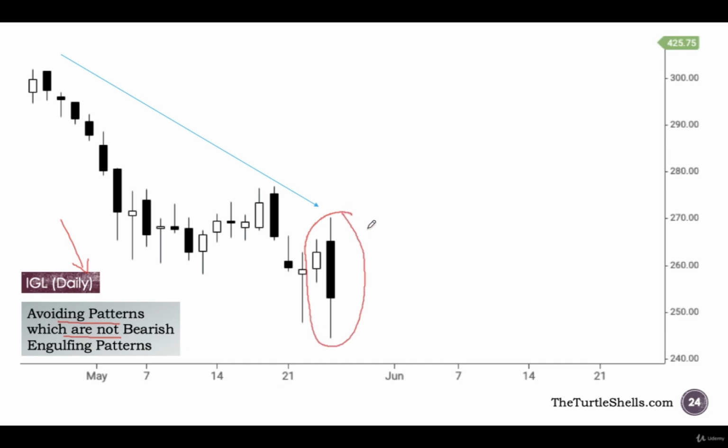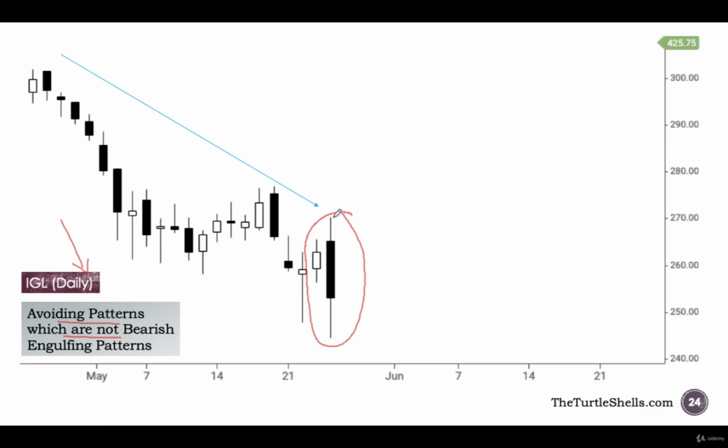It looks like a perfect bearish engulfing pattern, where the tall black real body is completely engulfing the small white real body, and the trading range itself is completely engulfing the prior trading range.